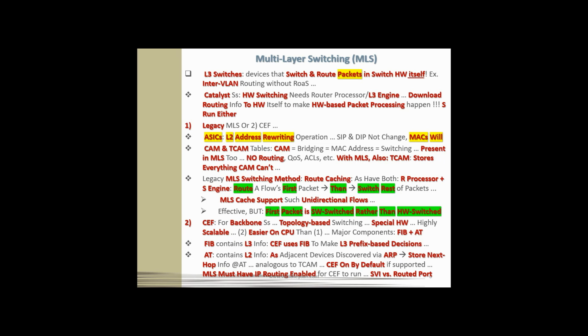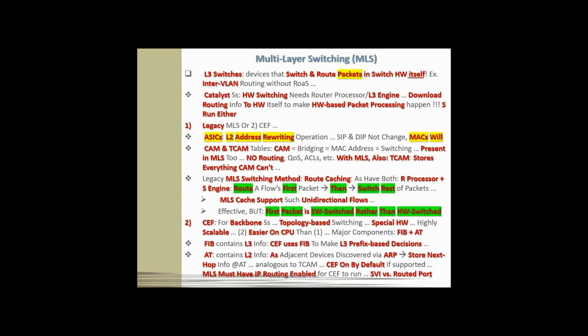However, a multi-layer switch must have IP routing enabled in order for CEF to run. So you need to enable IP routing on a multi-layer switch so that you can have CEF running there.